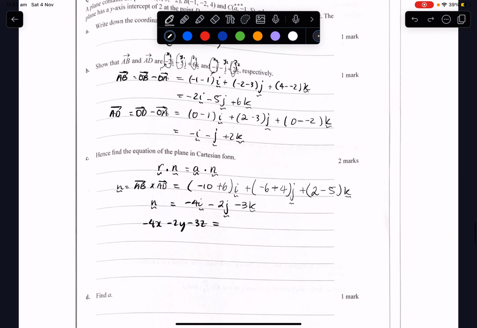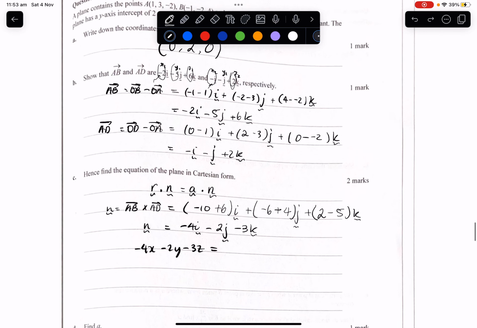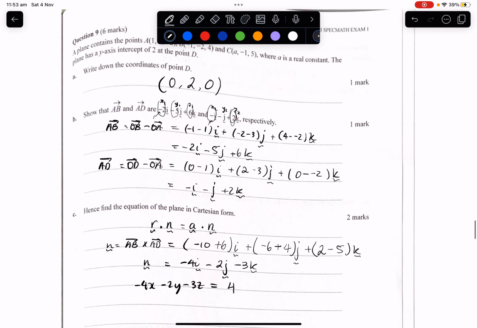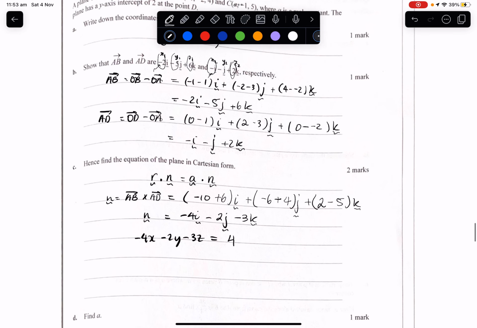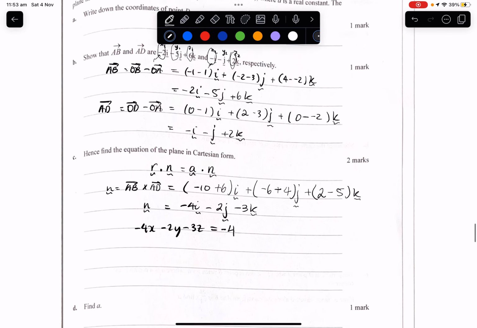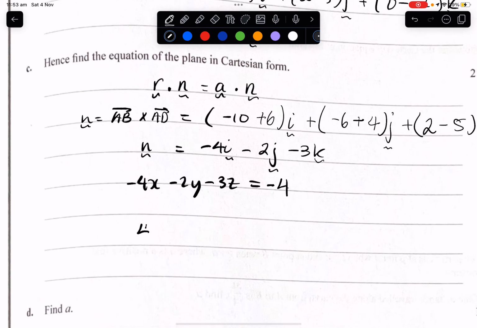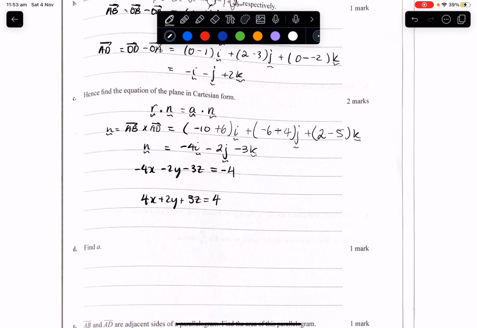So that's negative 4, and so that means 4x plus 2y plus 3z is equal to 4.